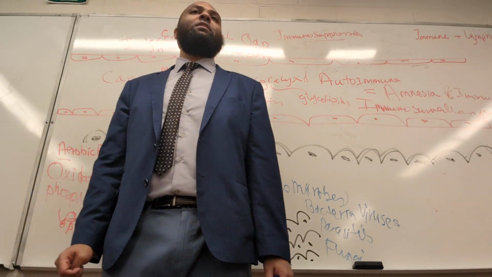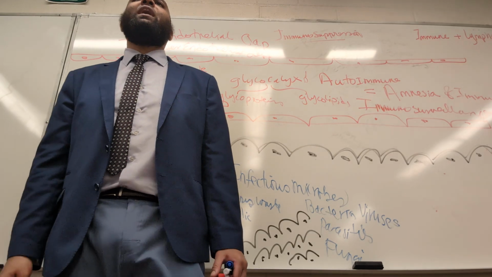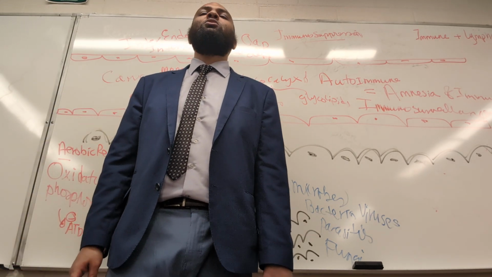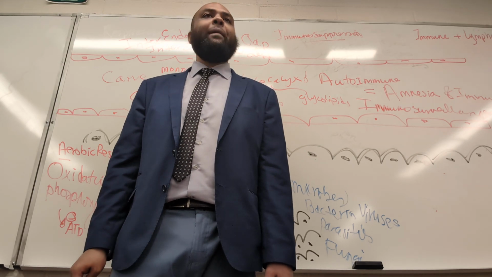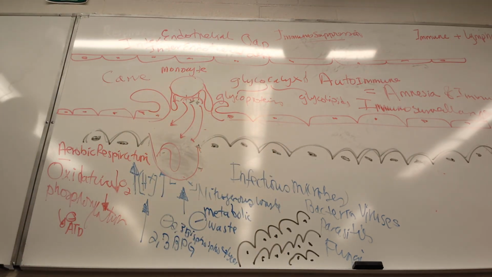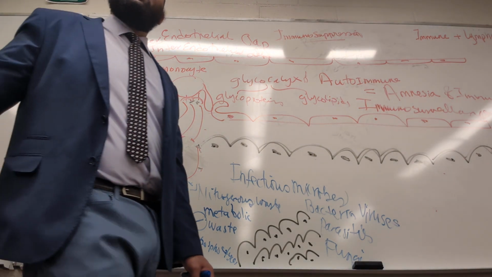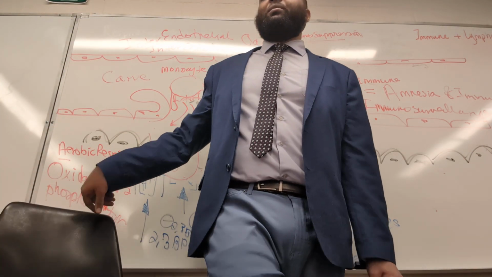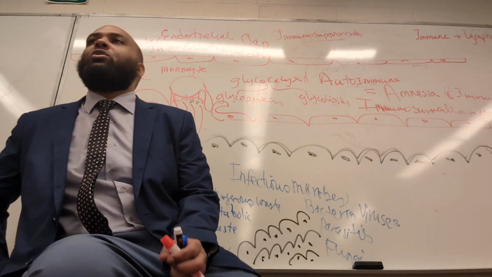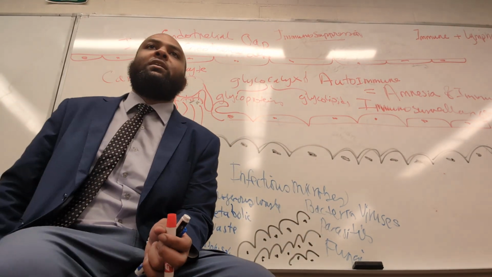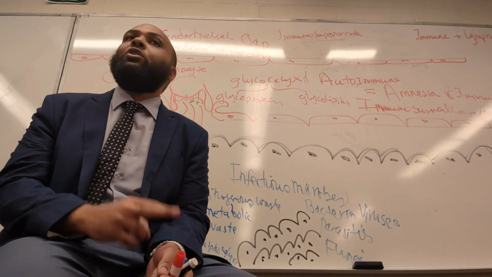We have another example. What about in diabetes, type 1, juvenile diabetes? What happens in juvenile diabetes? In juvenile diabetes, your immune system is going to send antibodies to destroy your own pancreas.